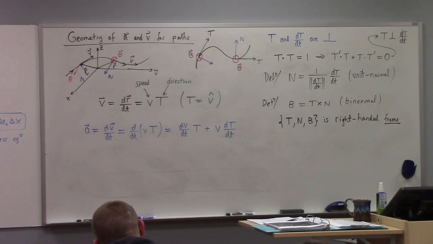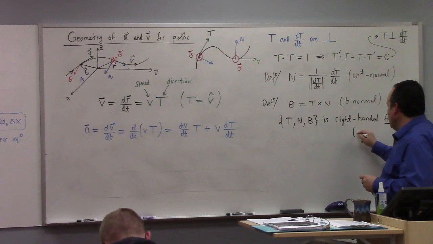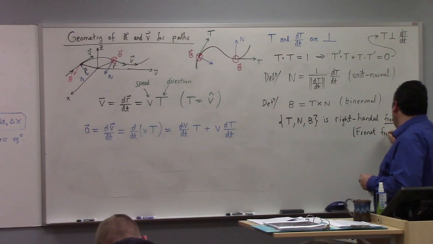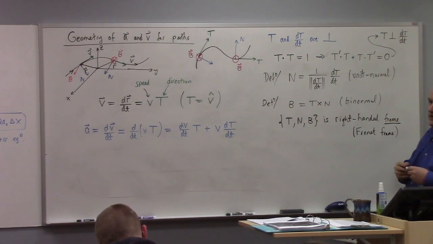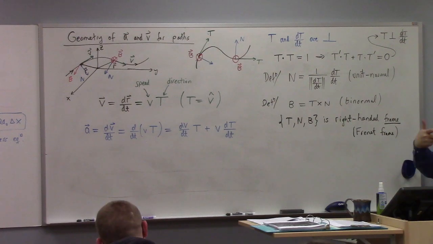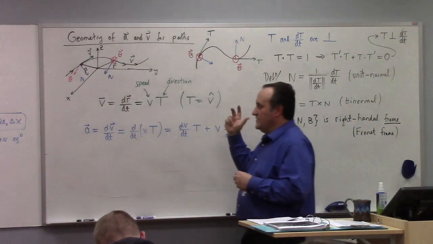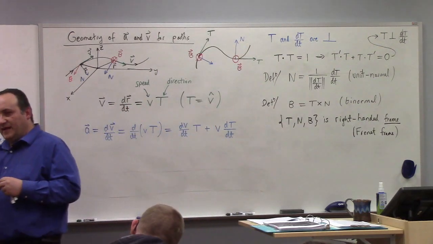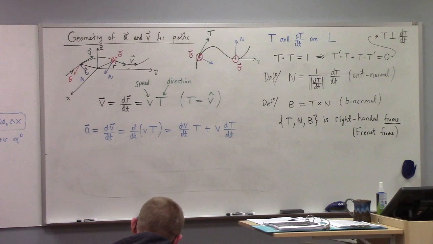So this is the so-called Frenet frame. And you could use it to set up a coordinate system that moves with you. If you wanted to, you could define coordinates that move with the particle and use t to set up the x coordinate, n to set up the y coordinate, b to set up the z coordinate if you wanted to.